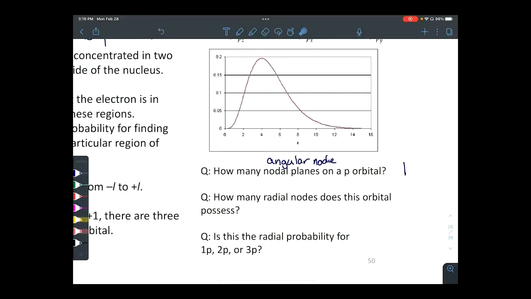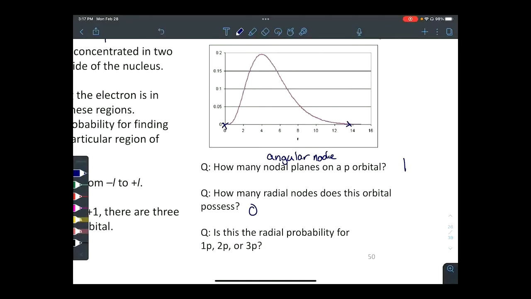So let's look at this graph. How many radial nodes does this graph possess? 0, because again, we don't count the ends. We only count the middle. So then let's predict this. Would this radial probability graph be for a 1p orbital, a 2p, or a 3p?